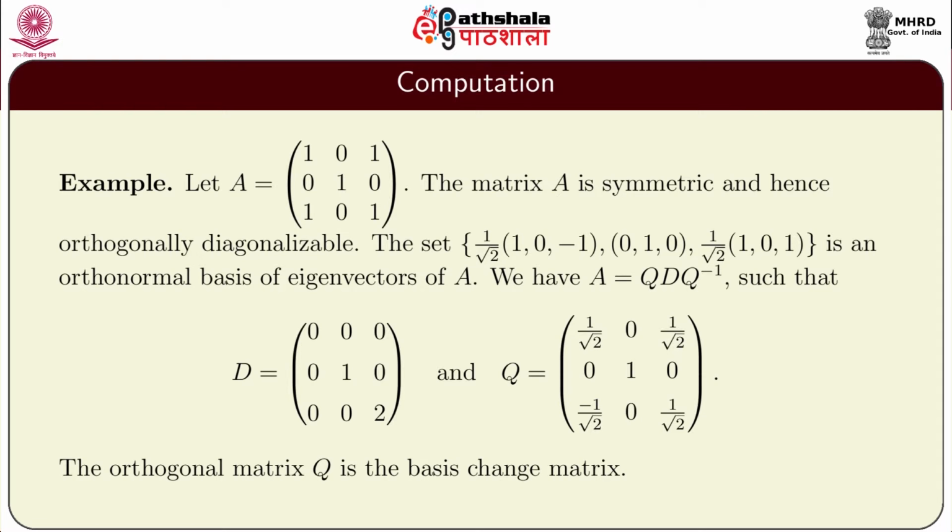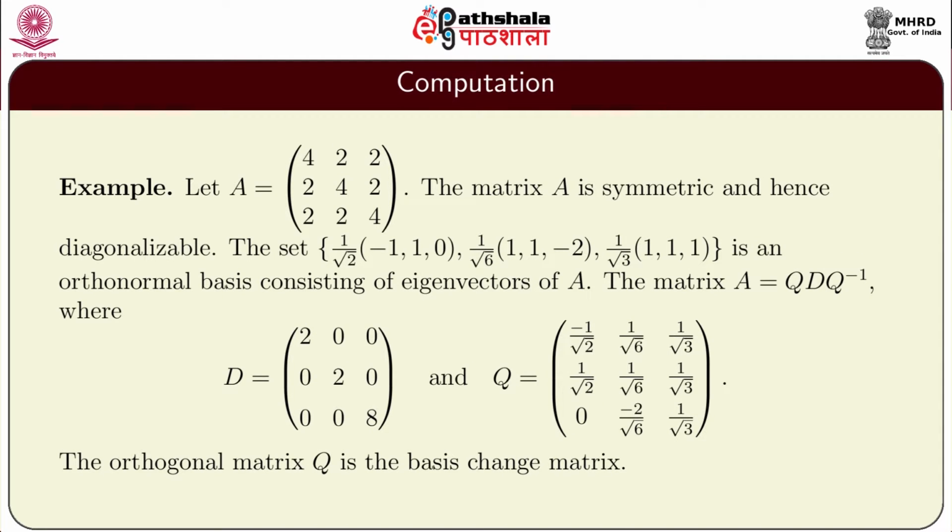And this orthogonal matrix Q is in fact the basis change matrix. Well, why is it orthogonal? That is because the columns of this matrix are nothing but the vectors in that orthonormal basis, and therefore Q is an orthogonal matrix.